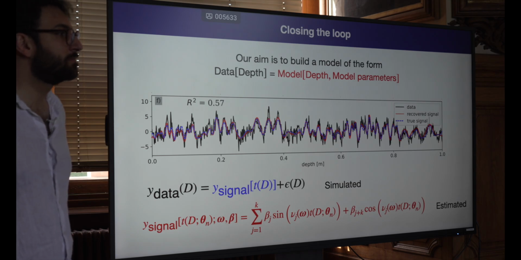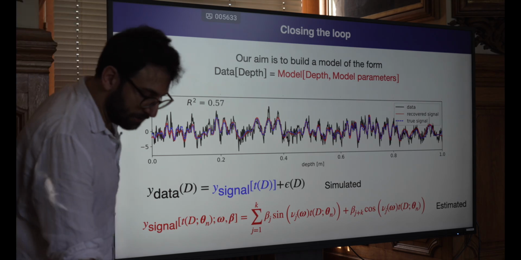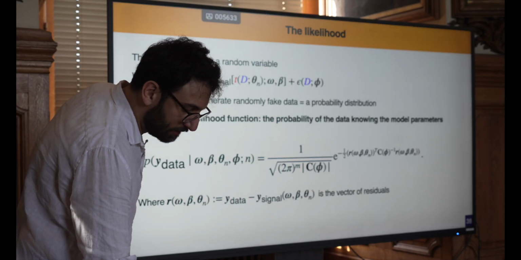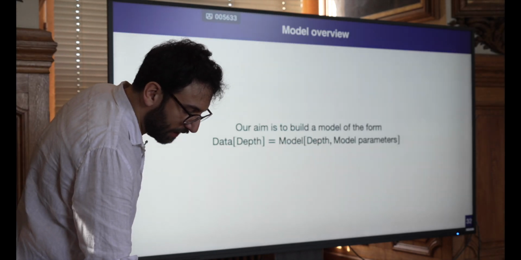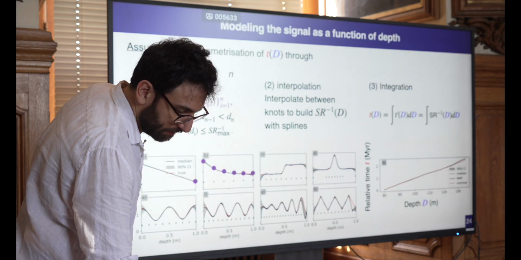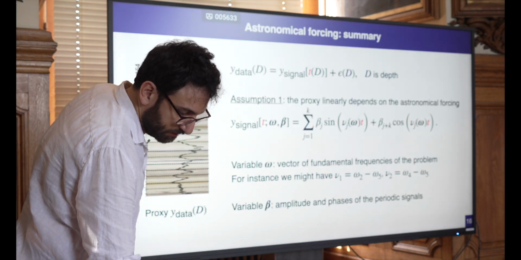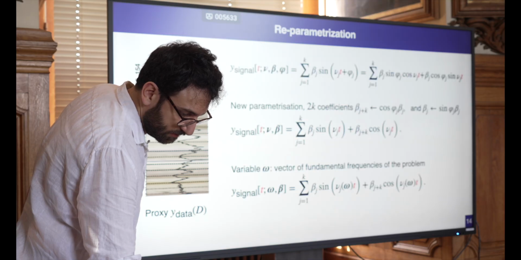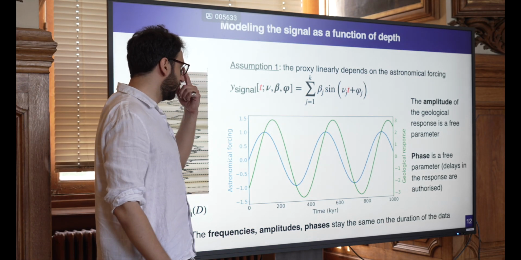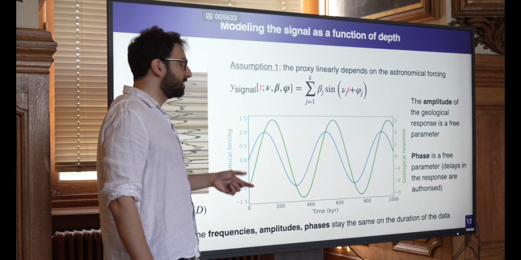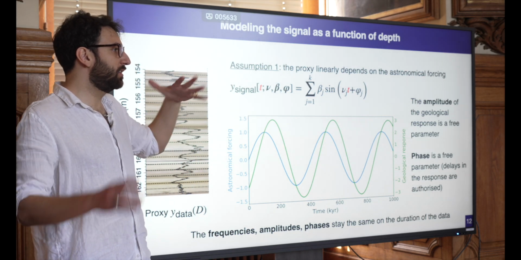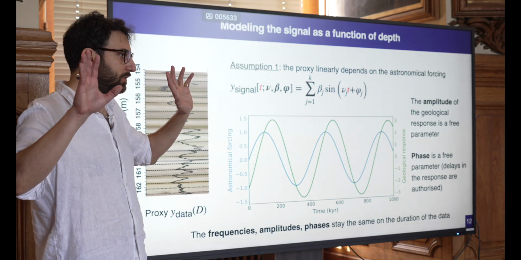It doesn't. The phase is completely free, so you don't think of it as a phase shift. We could have a constraint on the phase if we knew the phase of the astronomical frequency, if we had prior information about what it is.